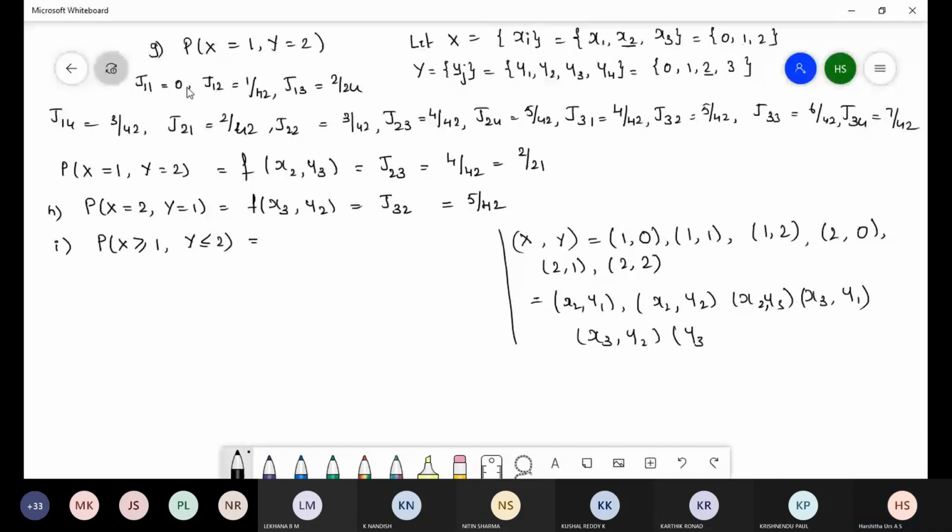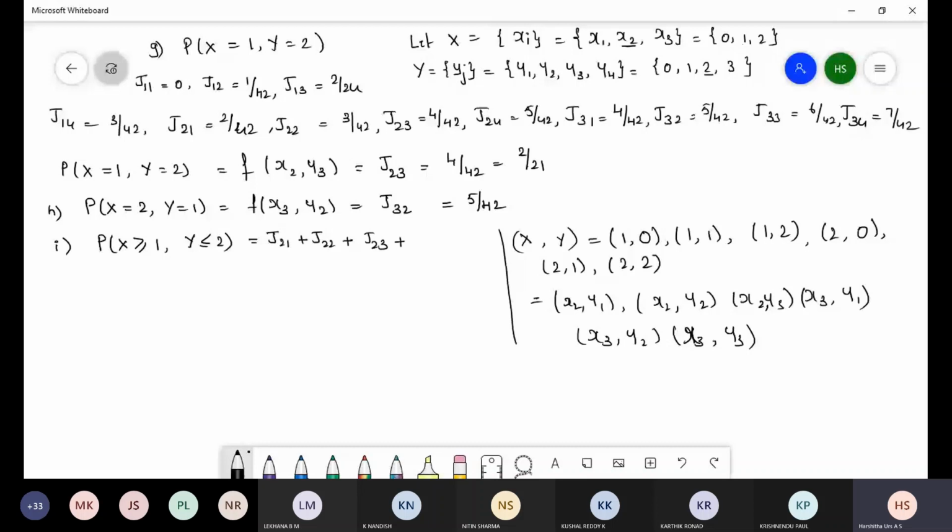Now, J21 plus J22 plus J23 plus J31 plus J32 plus J33. Substitute all the values.